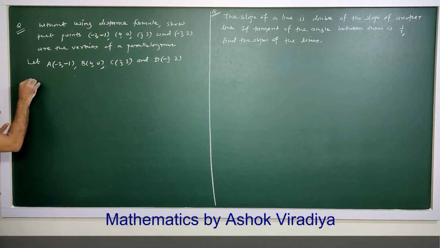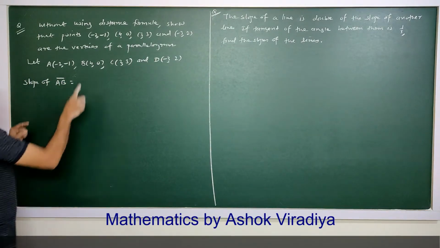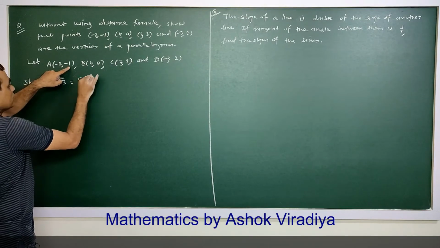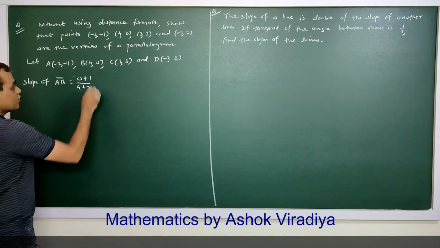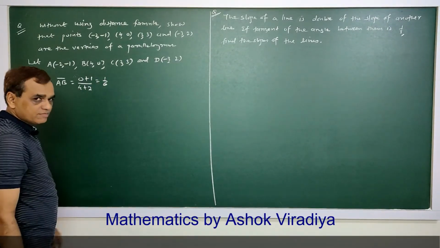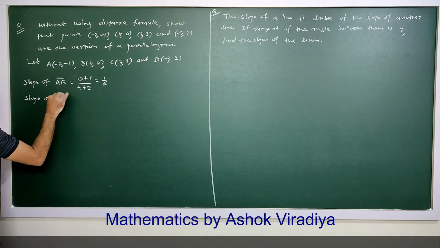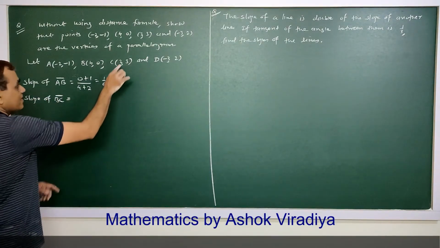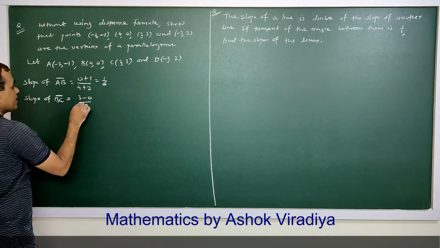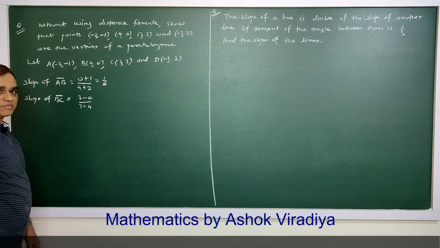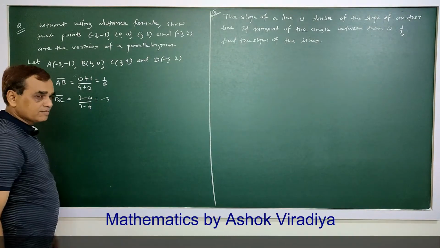So slope of side AB is (y1 minus y2) upon (x1 minus x2), so it is 1 by 6. Slope of BC is (y1 minus y2) upon (x1 minus x2), so it is minus 3.